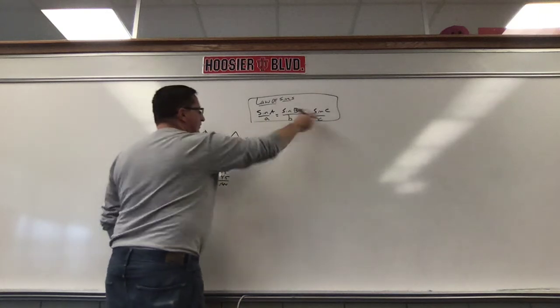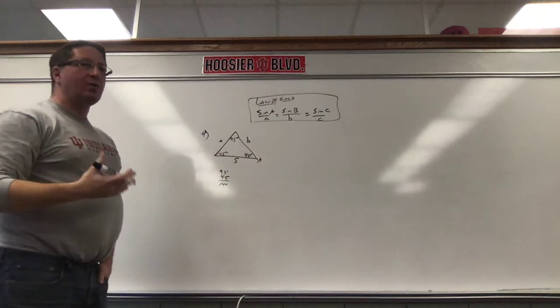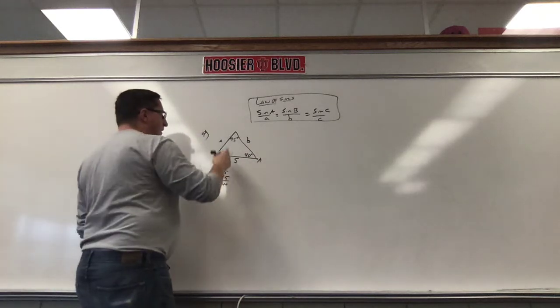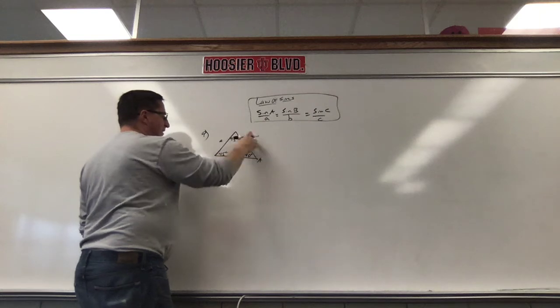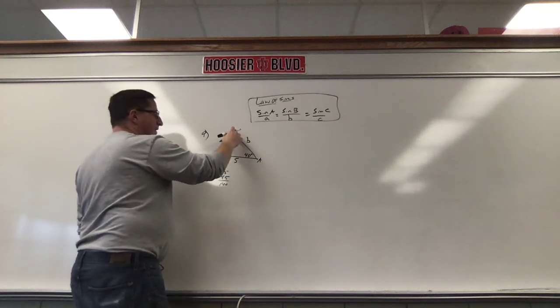Now you might be wondering, you have 3 parts here, which parts to use? Here's what you do. You use the one that you know both of. Do we know both of this angle and this side, or this angle and this side? Well, we know these two, this right here and this right here.